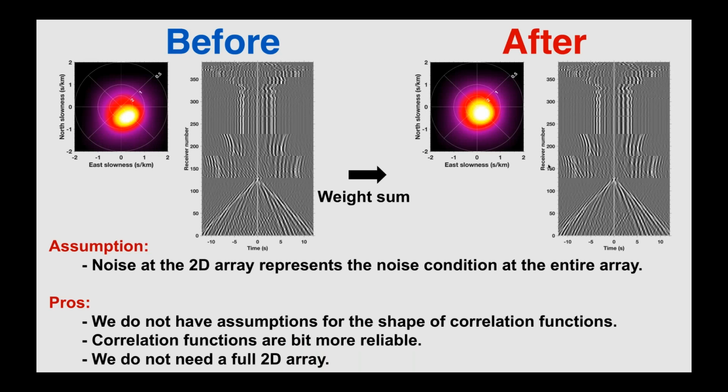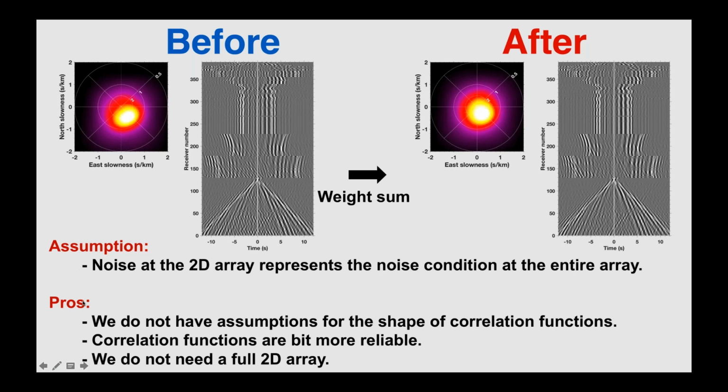So with this weighted-sum procedure, we can get correlation functions that are a little bit more reliable and useful for imaging purposes. There are some assumptions, of course, and the weak assumption I have is that the small 2D array on the east side represents the noise condition at the entire array.